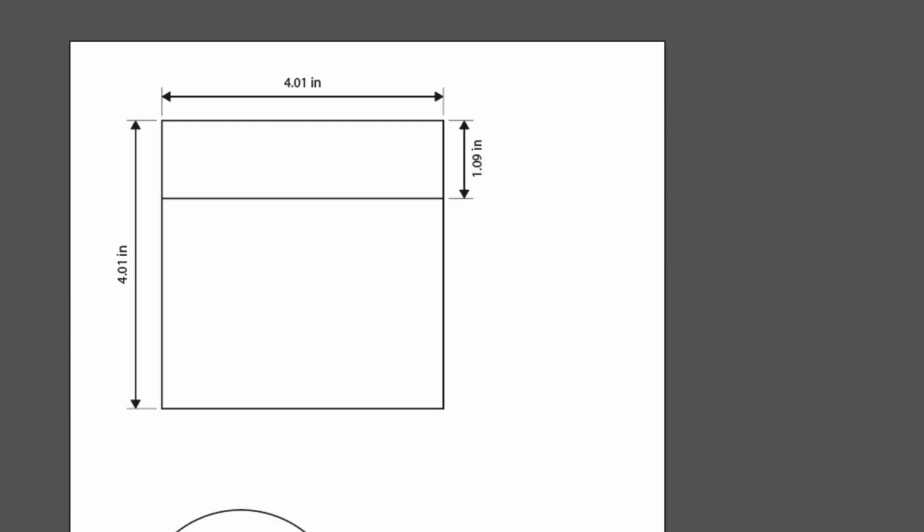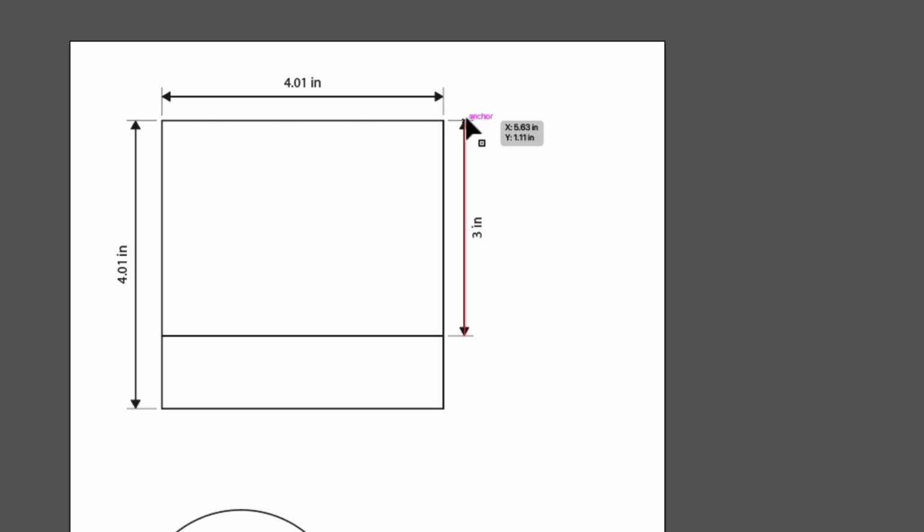The neat thing is that that too is live. If I move this line down, this will also adjust accordingly. These things are connected, and they remember what it is they're measuring, and they stick to that.